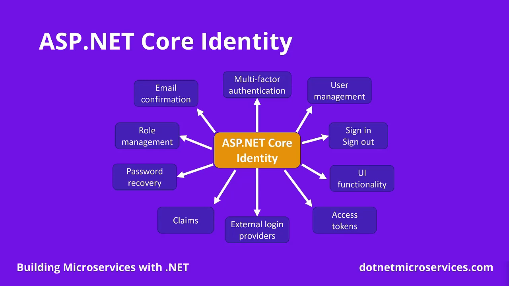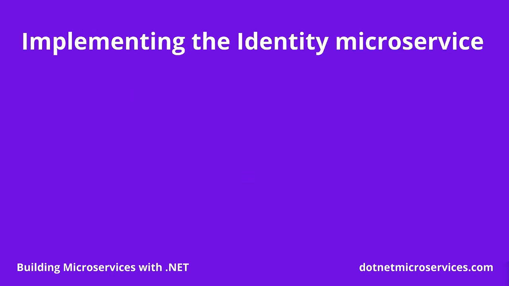Let's now see how ASP.NET Core Identity fits into our Play Economy system. To introduce all these identity-related capabilities to our system, we will stand up a brand new microservice called Identity. This microservice will be directly integrated with ASP.NET Core Identity to enable all the user and role management capabilities needed in our system. Let's take a quick look at the initial implementation of this new service.